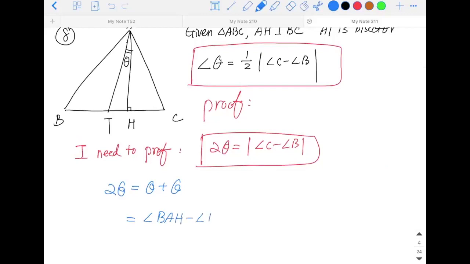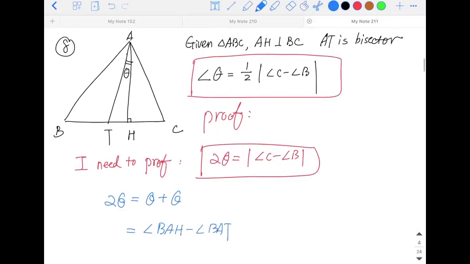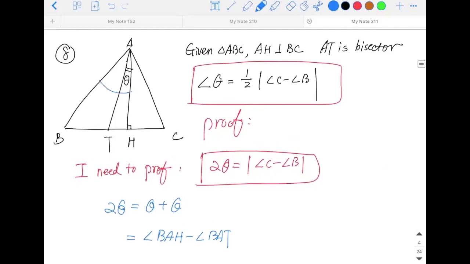minus angle BAT. You see, BAH is here, BAT is here. Of course, theta can be written as this. This is 1. Considering the left part, you're probably going to do the same thing for the right part, right? It can also be equal to angle TAC minus HAC. TAC is this angle, HAC is this angle, right?